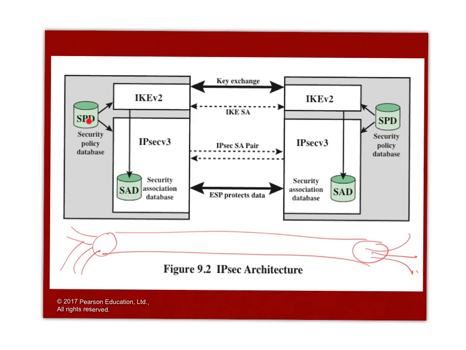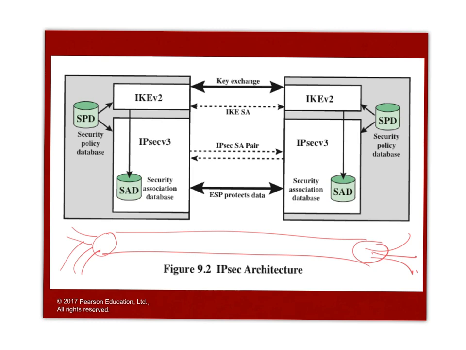In it, we have to identify that traffic and the policy corresponding to it. There should be an entry in the database that says for this type of traffic, you need to provide a certain behavior. That behavior could be to block the traffic completely, get the traffic into the tunnel, which means this traffic will have to use some security context, or bypass the tunnel and send it through the public network.